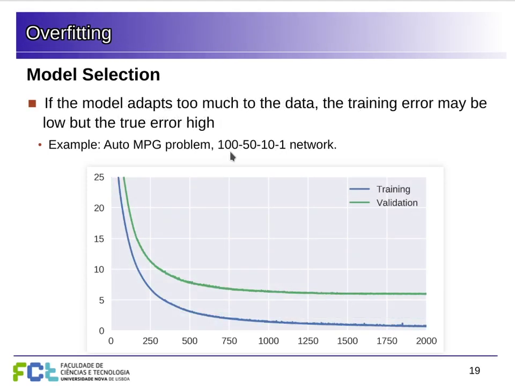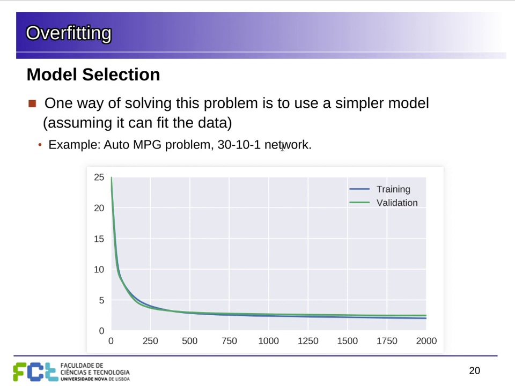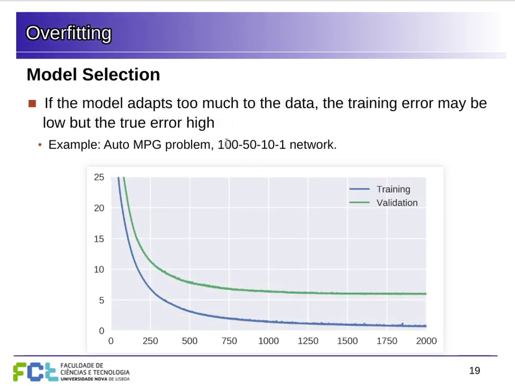So it's better to use this 30-10-1 network, even though it doesn't seem to learn as well for the training set, because it doesn't make as many mistakes outside the training set as a fully trained 100-50-10-1 network that really gets adjusted very well, fits the training set very well, but then doesn't work outside the training set quite as well.